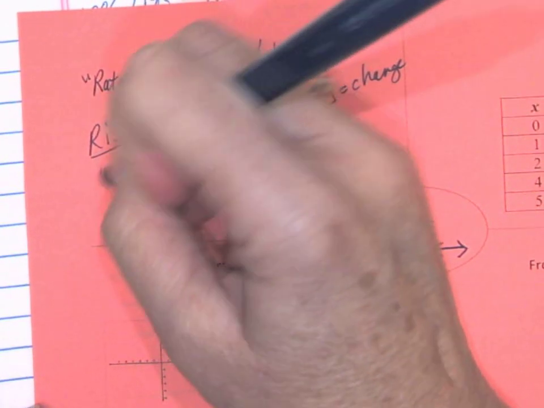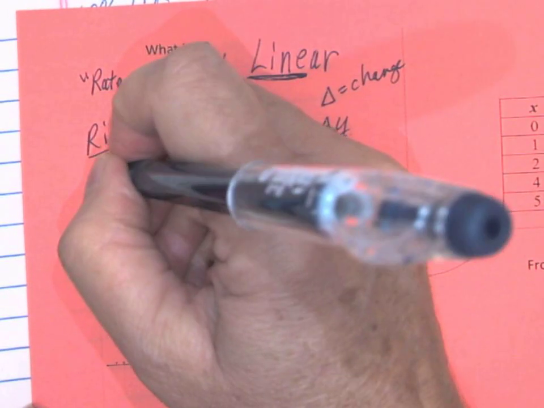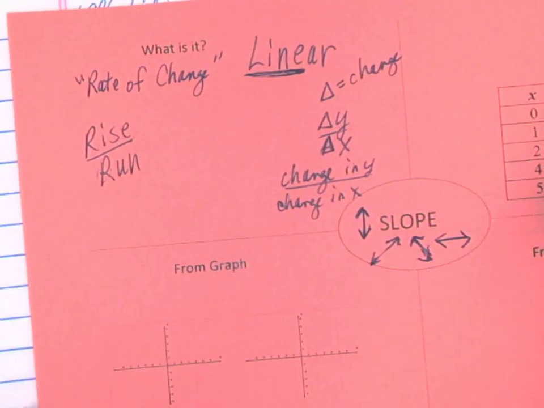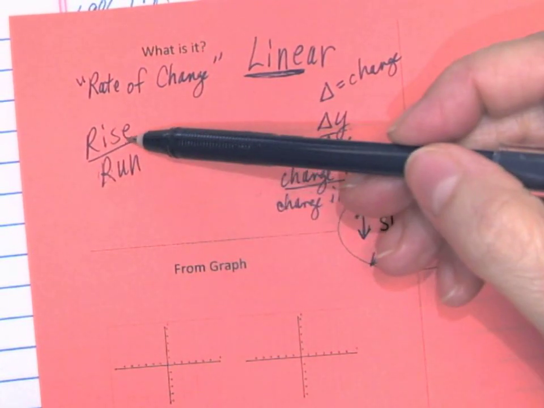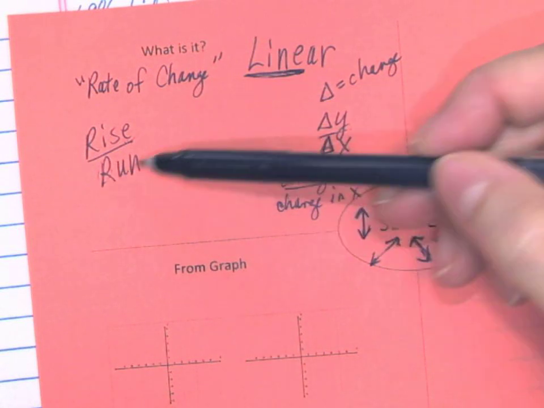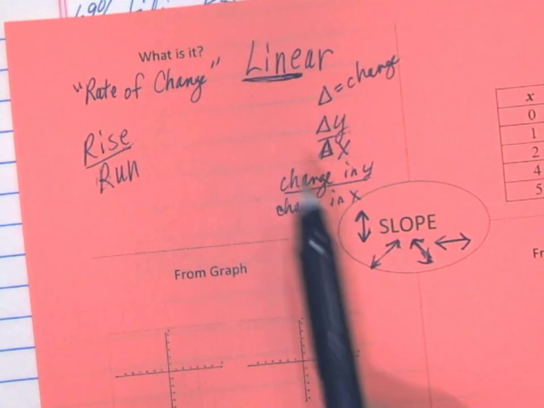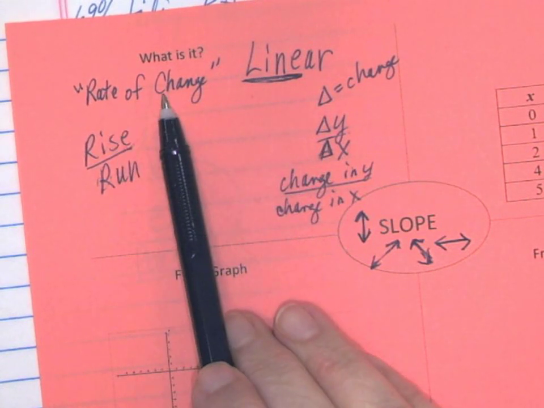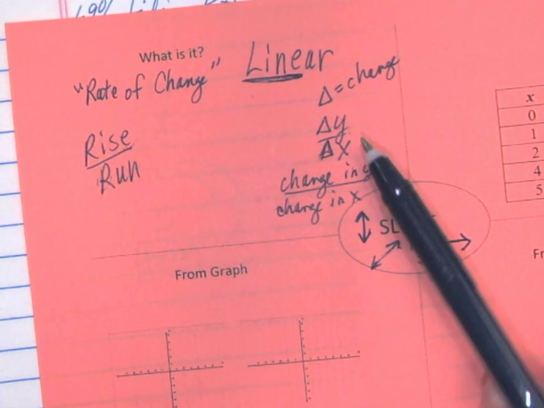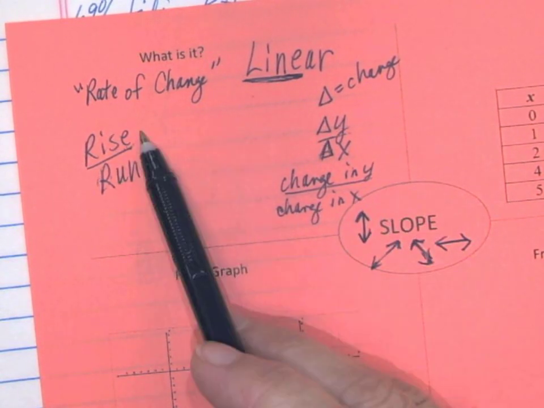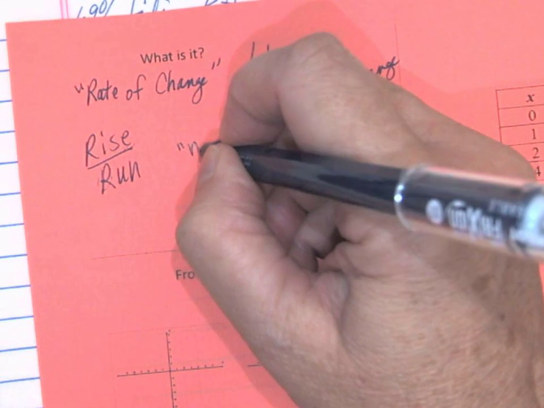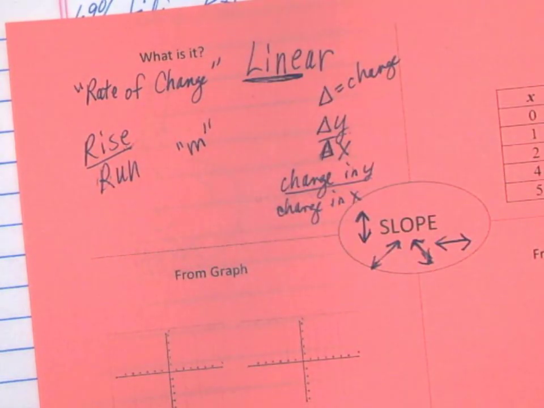So y goes up and down. As something rises, the y changes, and then the run is the x change. So you need to know that it's rate of change, delta y over delta x, change in y over change in x, rise over run. Sometimes the m, which we'll learn more about tomorrow, also means slope.